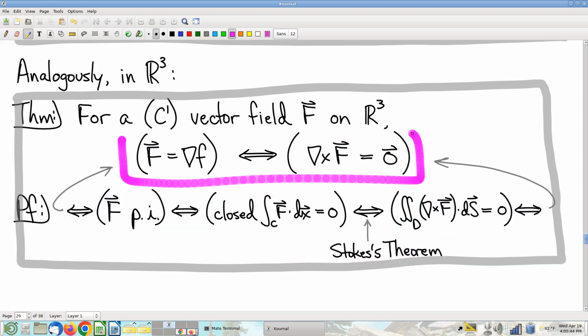That means we have a local test for whether something is a gradient. If you have a vector field and you want to know if it's a gradient, compute the curl. Curl's the thing. See if you get 0. If you get 0, yes, you're looking at a gradient. If you get not 0, then no, you're not looking at a gradient of anything.